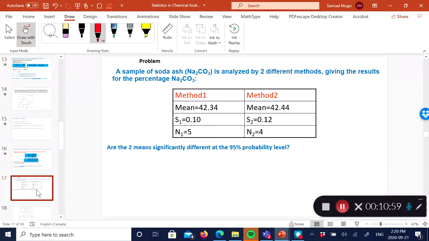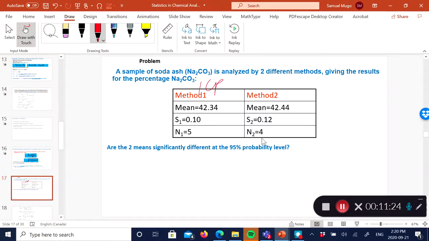So maybe I'll give you an example here. You've got a sample of soda ash, and it's being analyzed by two analytical methods, method 1 and method 2, and each one of them is giving you those respective results. Maybe method 1 you can think of possibly as ICP, inductively coupled plasma.